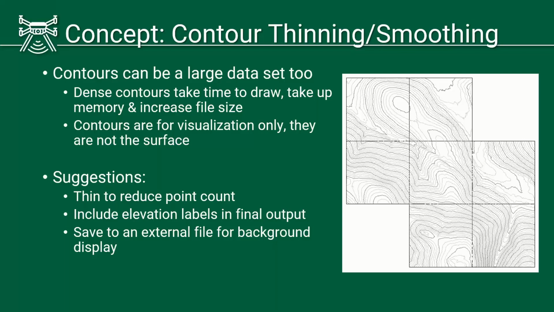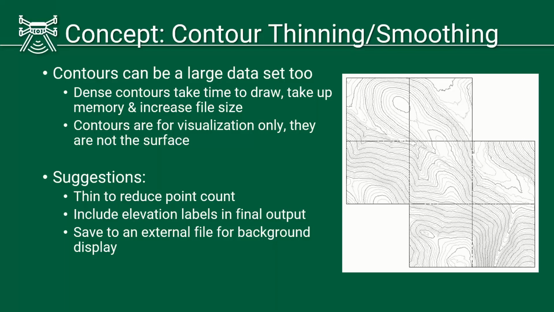So there are some suggestions to improve our contours and how our computers handle them, including thinning to reduce the point count. This is something that actually in version 10 can be done when the contours are created.